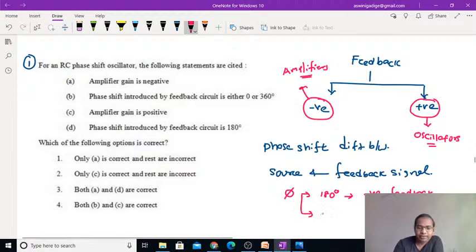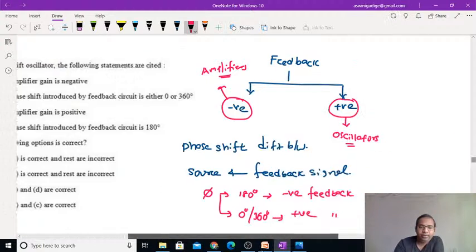And if the phase shift is 0 degrees or 360 degrees, then it is positive feedback. Okay guys, so it comes under positive feedback. Fine. So these are the two different types of feedback. Here I am telling you how we get 180 degrees, and how we get 0 and 360 degrees in the case of the oscillator. So just have a look at this one.